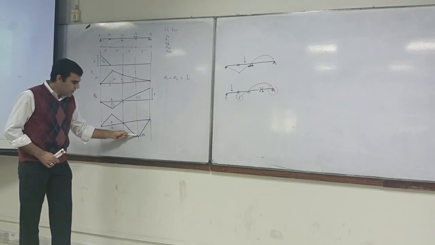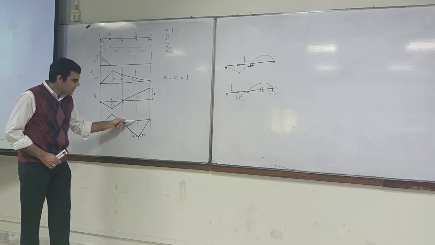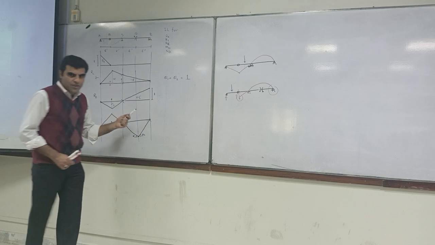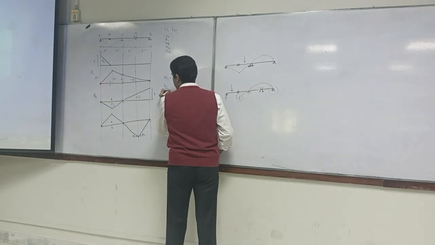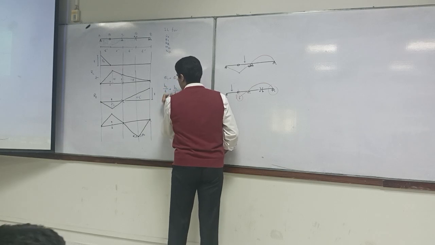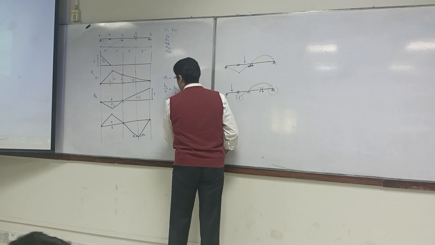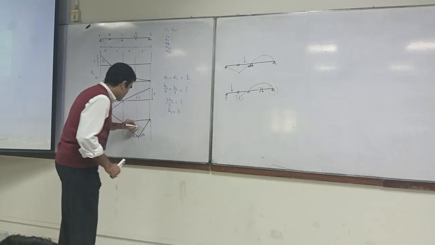H1 by 6 plus h1 by 6 is equal to 1. So 2h1 by 6 is equal to 1, and h1 is equal to 3. So this one will come out to be 3.